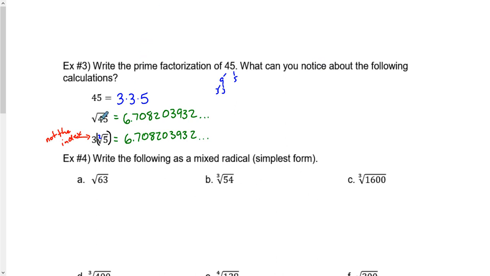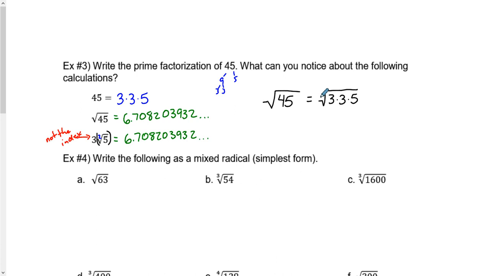So what we're going to do is we're going to notice a few different things. If the square root of 45 is the exact same thing as 3 multiplied by the square root of 5, well, what does that have to do with the prime factorization of 45? It's exactly this. The square root of 45 is the exact same thing as 3 times 3 times 5, all under the square root.